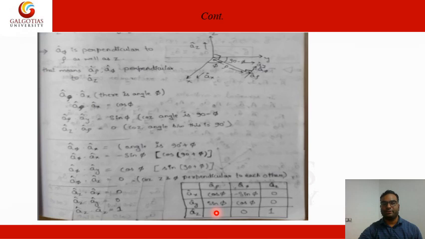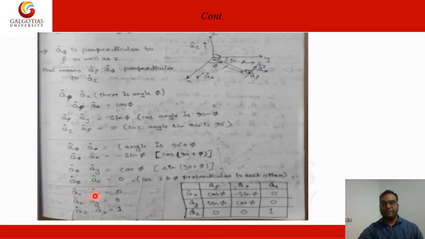So here we are discussing a phi dot ax, where the angle is 90 plus phi. So a phi dot ax is minus sin phi, as we know cos of 90 plus phi is minus sin phi. A phi dot ay is cos phi, and then again az dot a phi is 0.